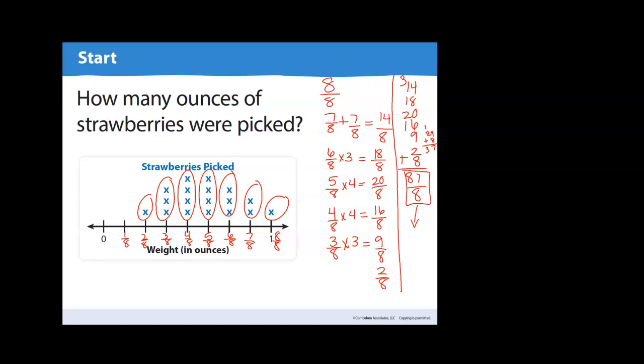So that's pretty close to 87. So that was about 10 wholes that it took me to make that. And if I have 10 wholes, I'm left with 7 eighths left. So our total amount of ounces should be about 10 and 7 eighths ounces.